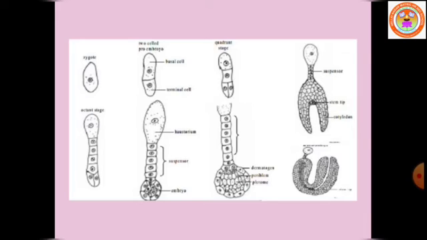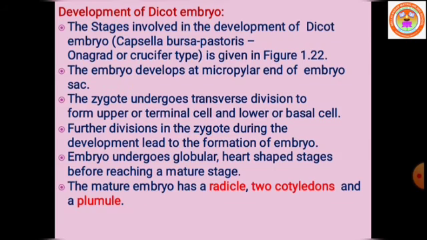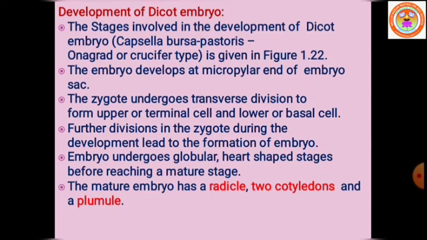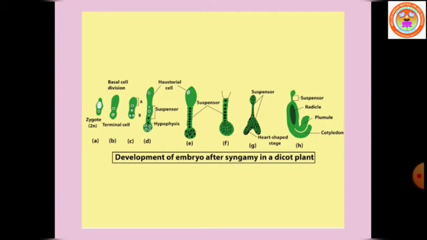So the zygote is a single-cell stage. It becomes the 2-cell stage proembryo, forming terminal cell and basal cell, and then the 4-cell stage proembryo. The terminal cells divide further to form 8 cells, called the octant stage, in which the embryo reaches the globular stage, followed by the heart-shaped embryo, and reaches the mature embryo, which looks like a walking stick.